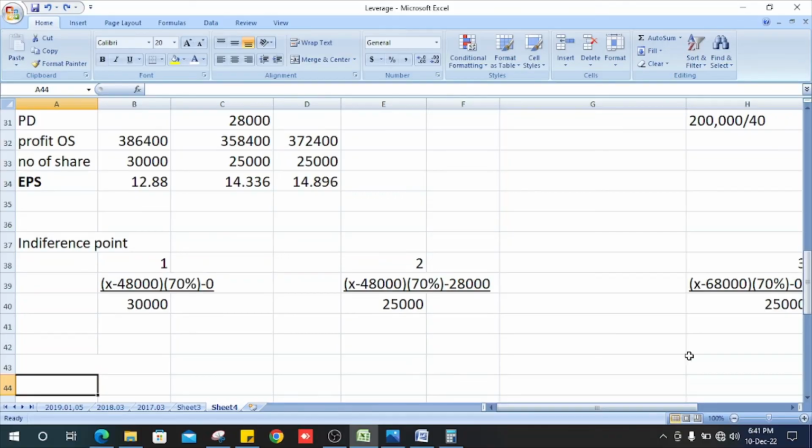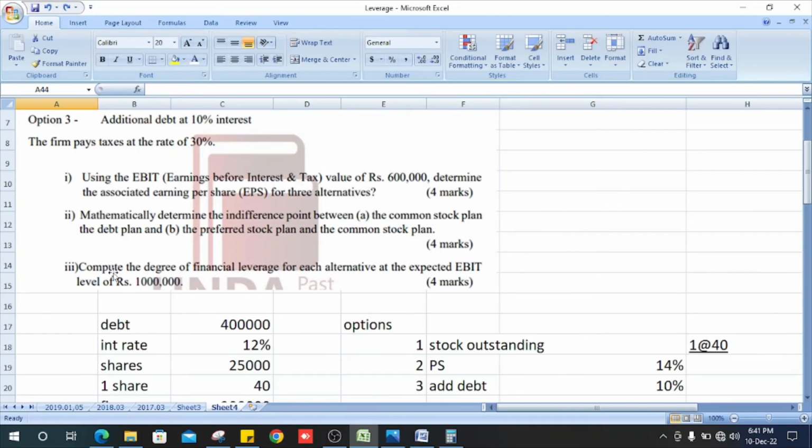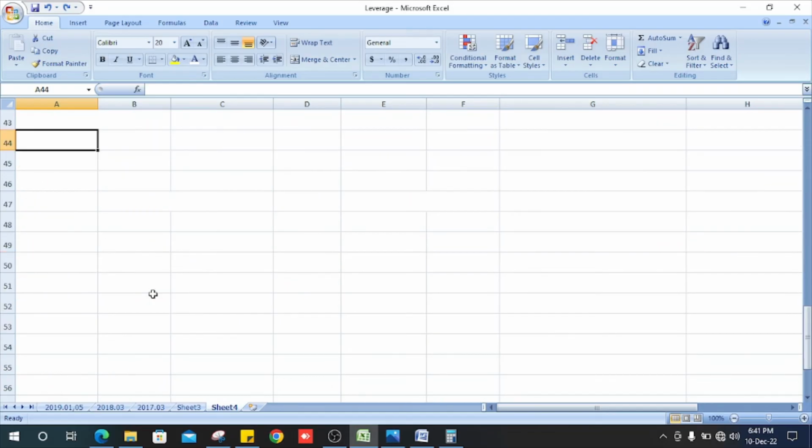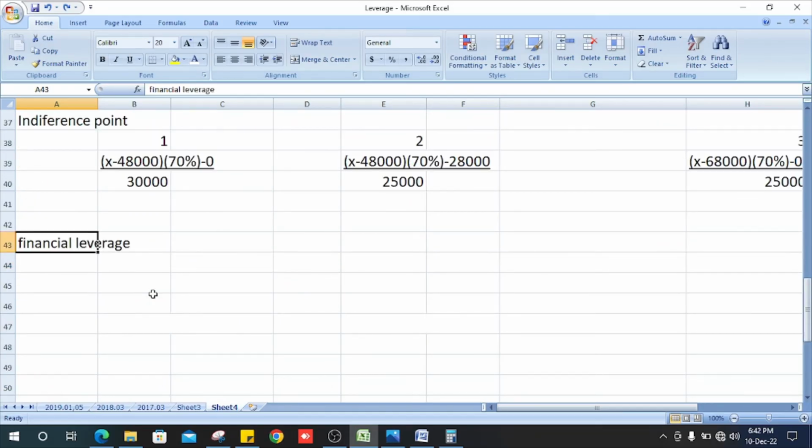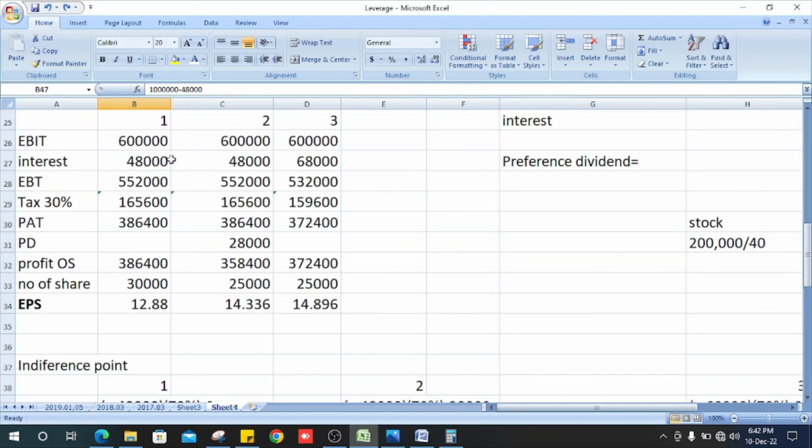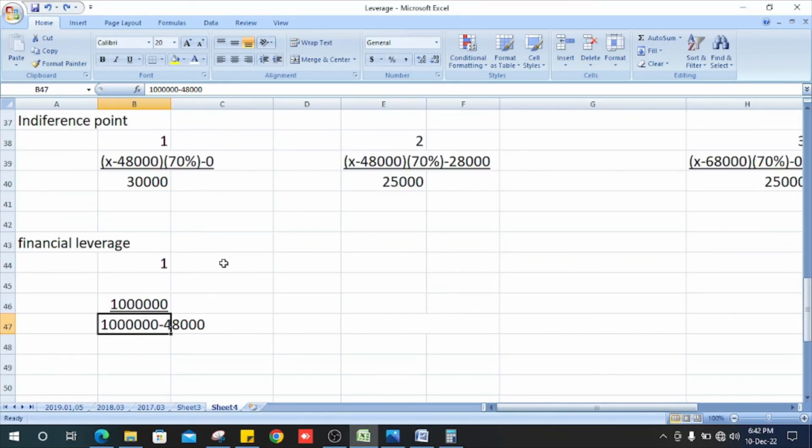And next they ask to compute the degree of financial leverage for each alternative at the expected EBIT level of 1000. How do we get the financial leverage? The EBIT, 1000, divided by 1000 minus 48,000 interest, for option 1 it is 1.05.